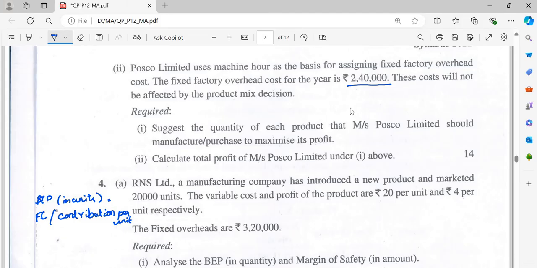So they are asking us to suggest whether we need to manufacture or purchase, and in what quantities, so that we can maximize the profit. Based on this decision we need to calculate total profit.